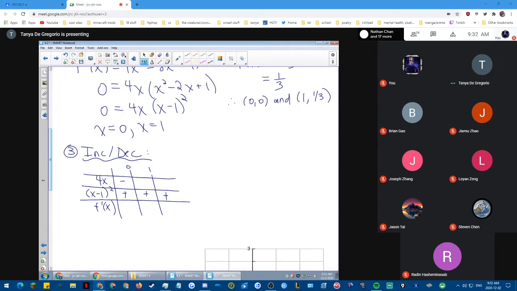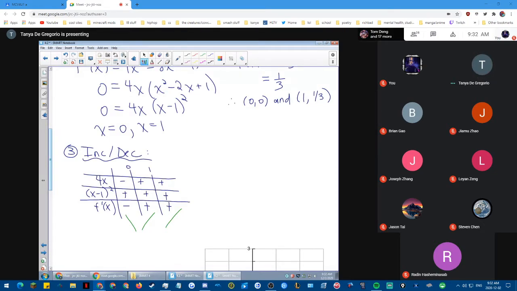And here we've got negative, positive, positive. All right, so look what's happening here. Decreasing function, increasing function. Oh, the function's still increasing. Do I have maxes or mins? I have a min, good.